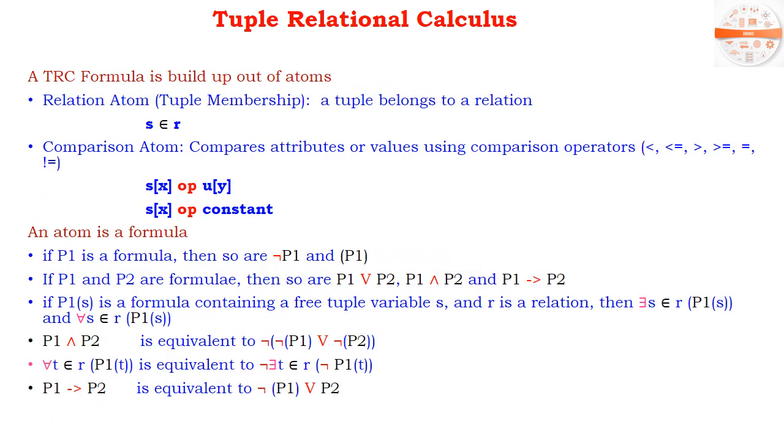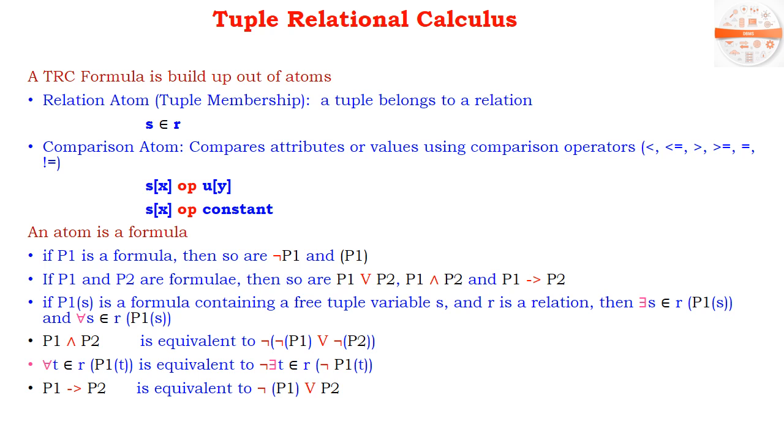A TRC formula is built up out of atoms. The relational atom is the tuple membership. It means the tuple belongs to the relation. That is, yes, it belongs to the relation. And the next one is the comparison atom.